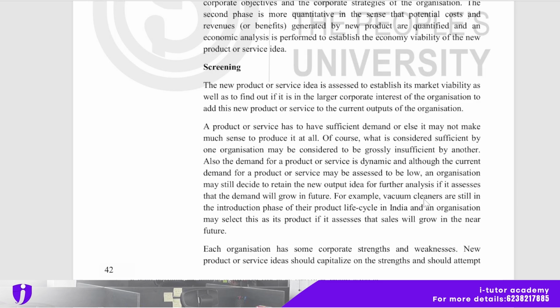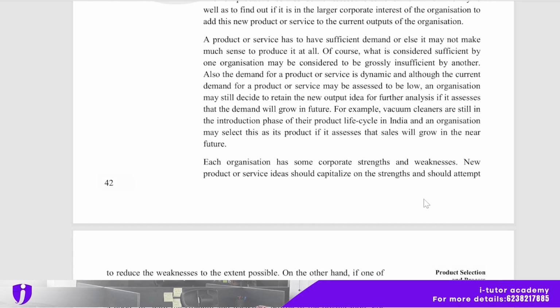And of course, what is considered sufficient by one organization may be considered grossly insufficient by another. Also, the demand for a product or service is dynamic, and although the current demand may be assessed to be low, an organization may still decide to retain the new output idea for further analysis if it assesses that the demand will grow in future.